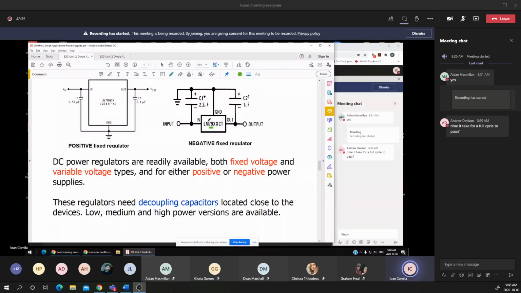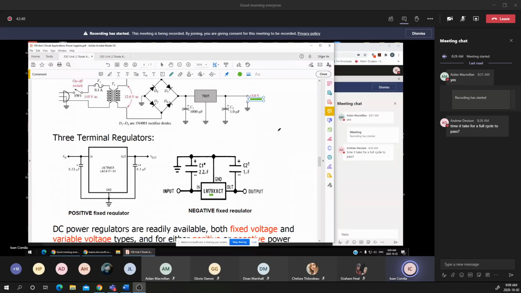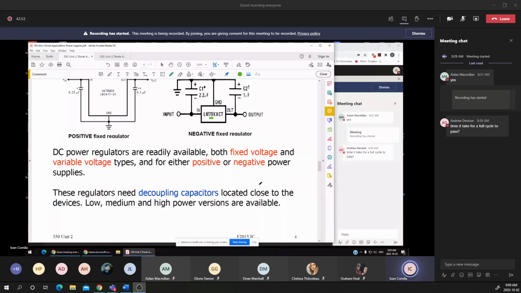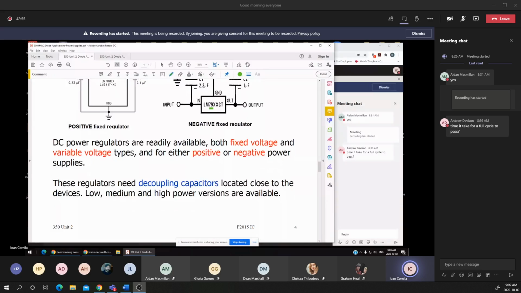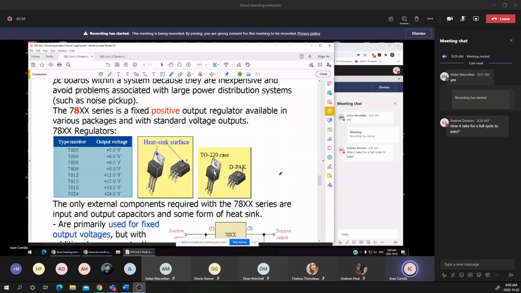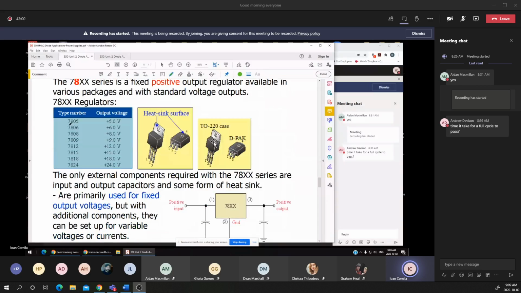Sometimes it's a single letter, sometimes 2 letters, sometimes 3 letters. But the 7/8 or the 7/9 XX will determine if the regulator is a positive or a negative voltage regulator. Those regulators have become standardized in voltages. I said that 7/8 means a positive voltage regulator. The last digit gives information about the output voltage.